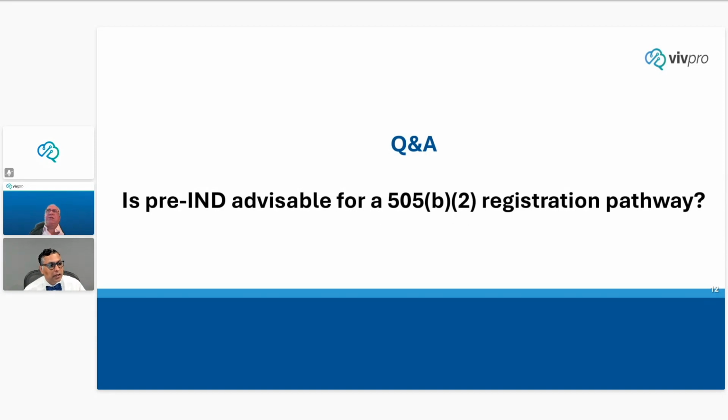My opinion is that the sooner you meet with the agency, the better off you are. Whether you absolutely need the pre-IND or you can do it immediately after the IND would still give you the same answers. It's just a question of when you are ready.